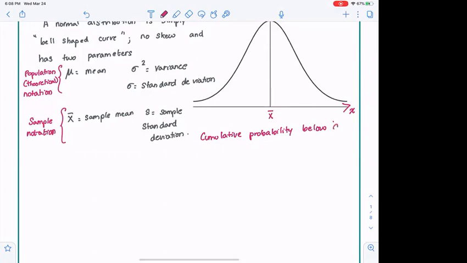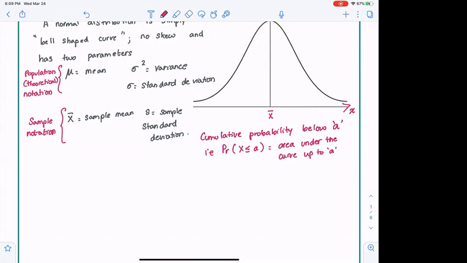The cumulative probability below a, which is simply the probability x is less than or equal to a, corresponds to the area under the curve up to a.